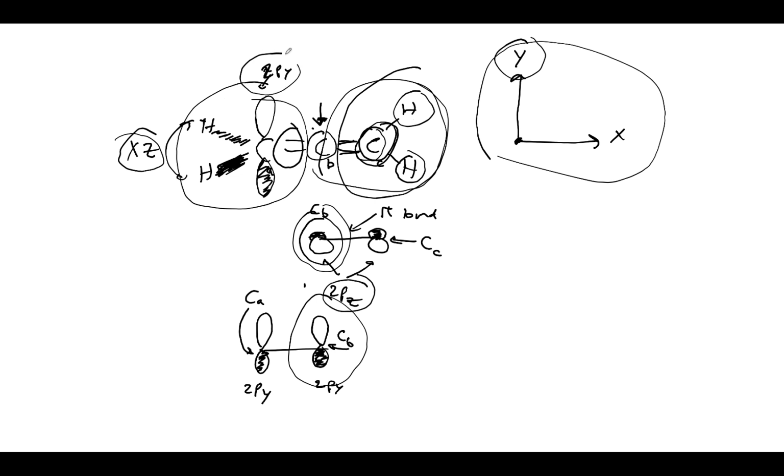Instead, this is going to interact with the py from the central carbon in side-by-side bonding, which is what we call pi bonding. And then, of course, over here on the right-hand side, just to reiterate, that same thing is going to happen, except it's going to be like what I drew down here, right? Going into the plane of the board, because the pz unhybridized orbitals are going to overlap.